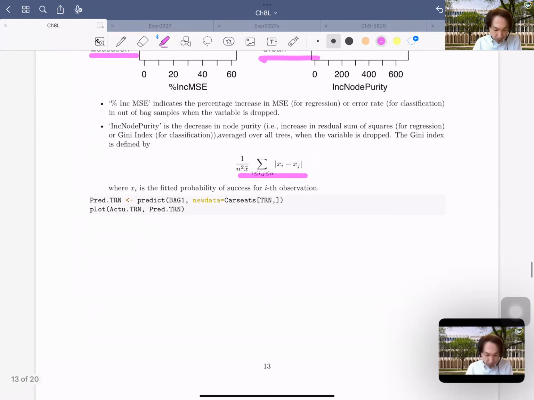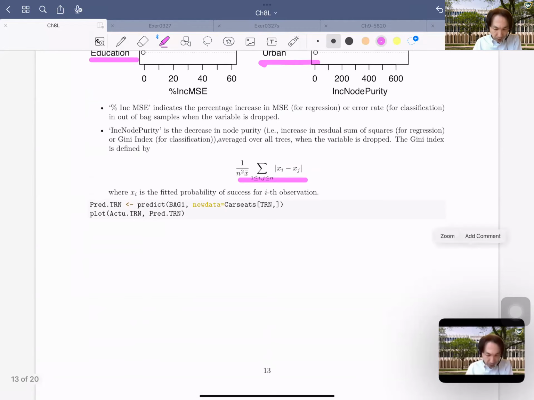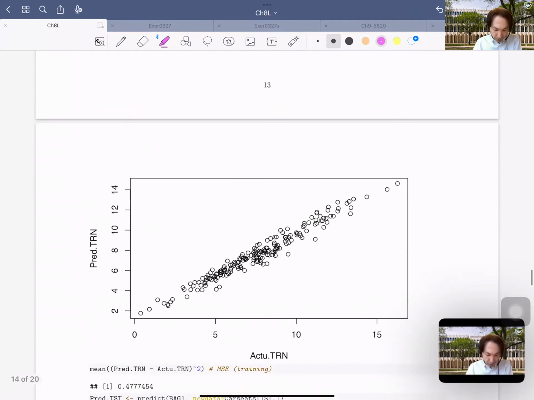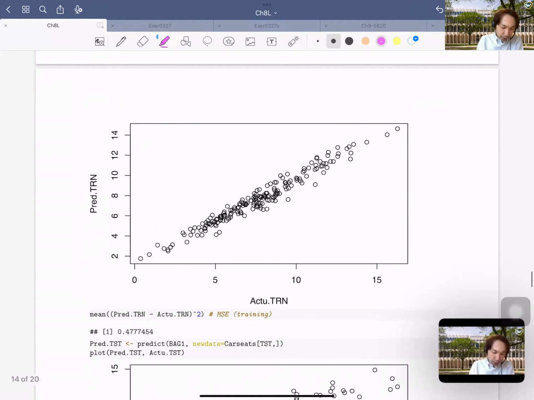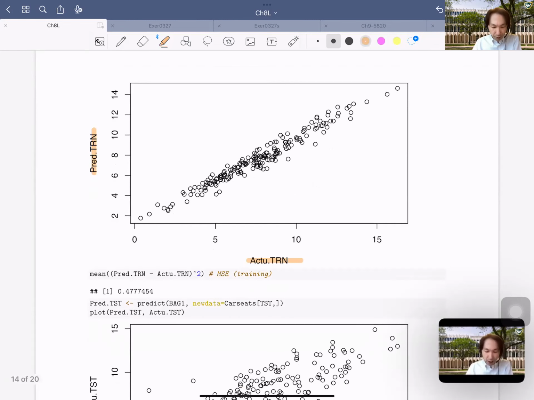Then we make a prediction, and we plot the predicted sales and actual sales. If this is perfect, then all points are on the line y equals x. But here we have a pretty high correlation, so this prediction is good for the training data set.